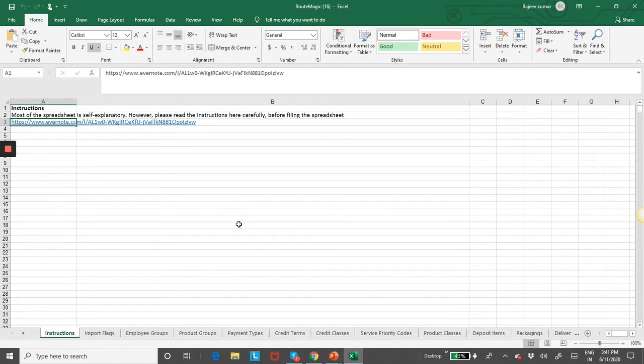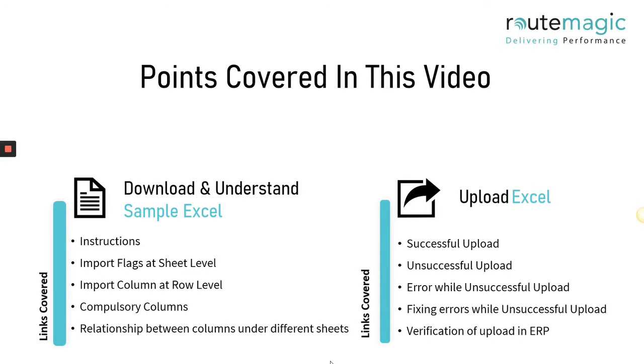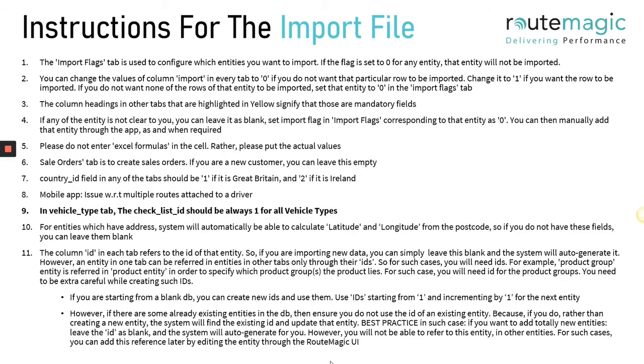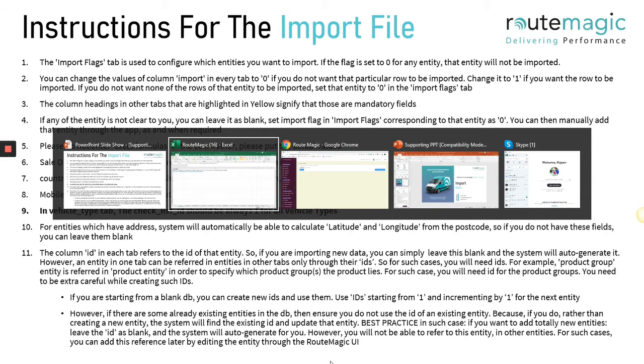One tab covers the instructions, and these instructions are very important to understand before jumping to adding data in this sheet. I have created all the instructions here for you. You can definitely read them, and accordingly you can perform your import action.